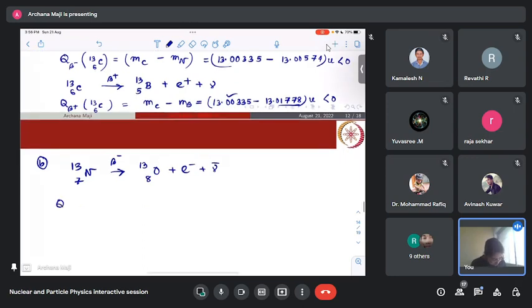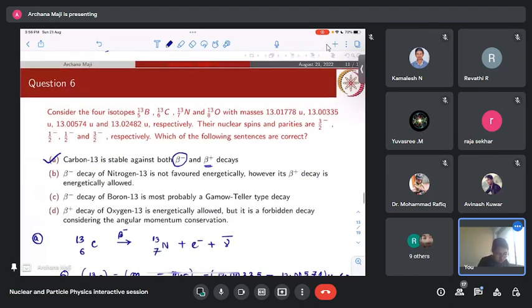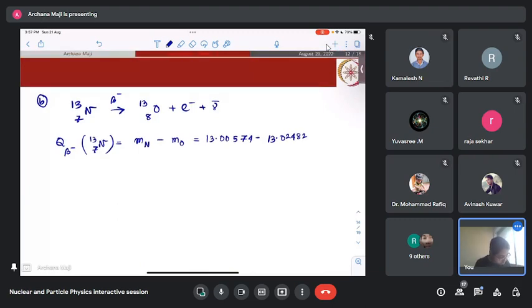So the Q value will be mass of nitrogen minus mass of oxygen, which is 13.00574 minus 13.02482. So this is again less than 0.